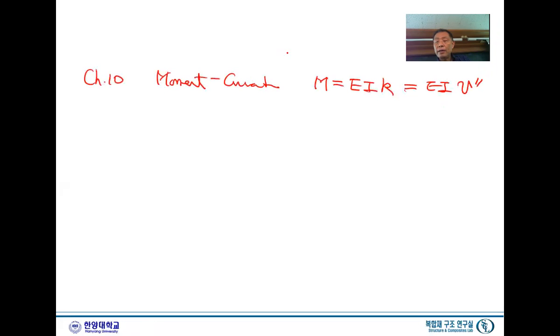See, again, this is the curve, and this is Vx. And so V second derivative is curvature, and this is a function of x, and this is a function of x. This is all about chapter 10.